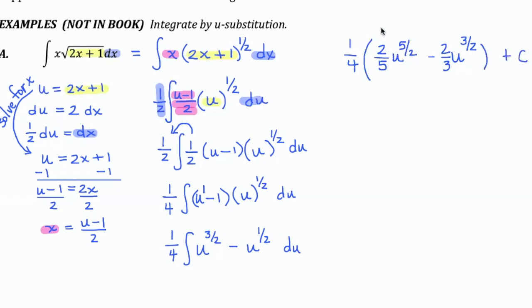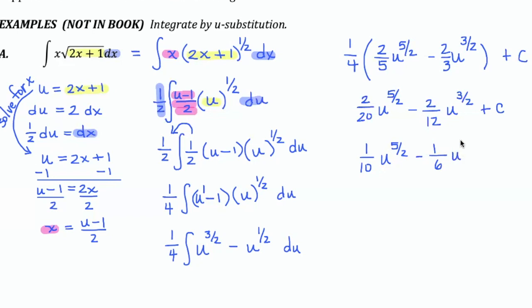I would distribute the 1/4 into both terms, so that makes it 2/20 u to the 5 over 2 minus 1/4 times 2/3 is 2/12 u to the 3/2. Reduce my fractions. I've got 1/10 u to the 5/2 minus 1/6 u to the 3/2.